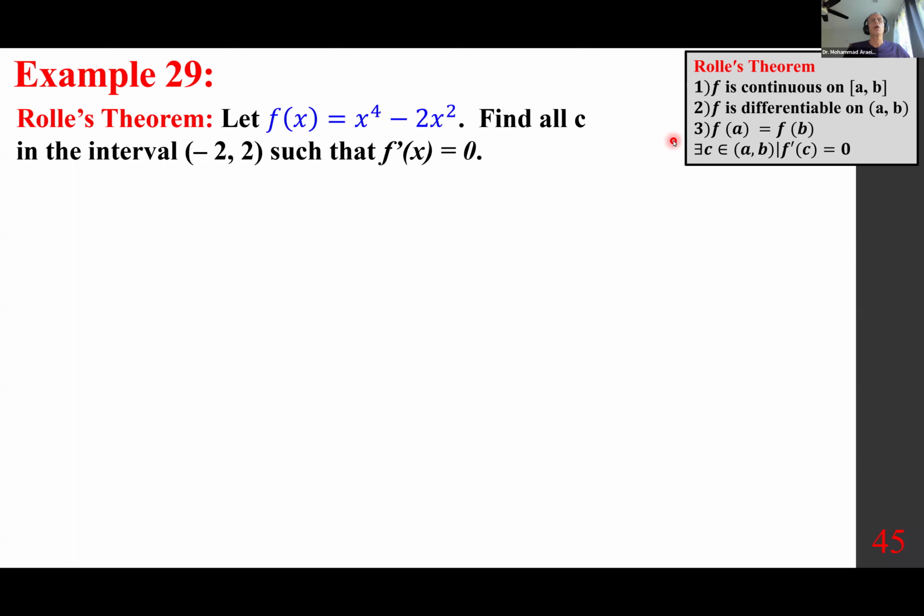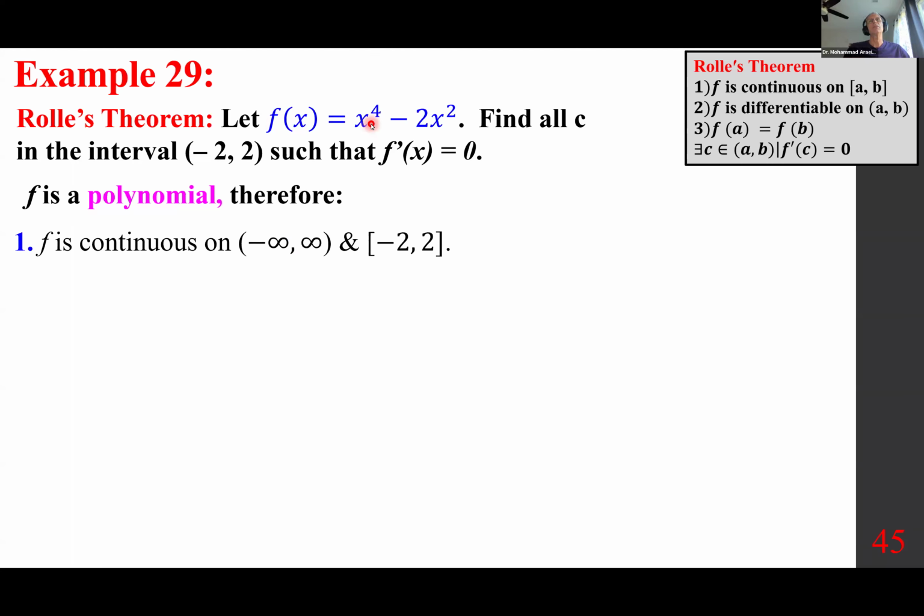So what we are dealing with is a polynomial of degree 4, which makes it continuous and differentiable from negative to positive infinity. Therefore, it's continuous in the closed interval from -2 to 2 and differentiable in the open interval from -2 to 2.